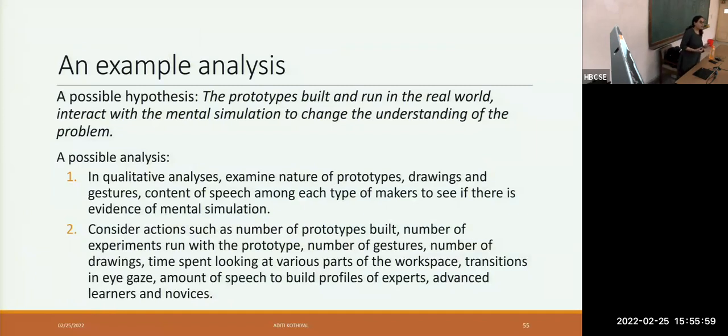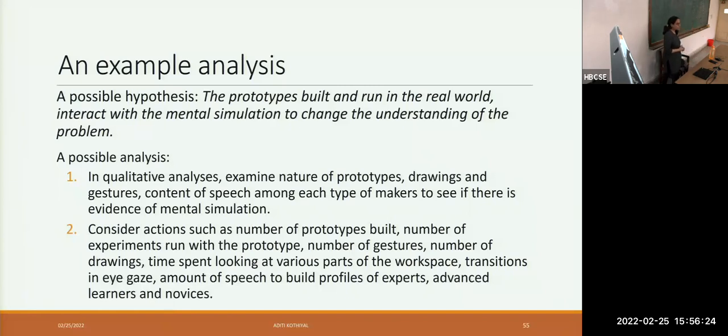So here, in terms of qualitative analysis, we have to examine the nature of the prototypes, drawings, whatever they've created. If they've been speaking, then speaking and so on. But we have to look at their gestures. We have to look at whatever material they have been using and so on, and try to identify if there's any evidence of mental simulation.